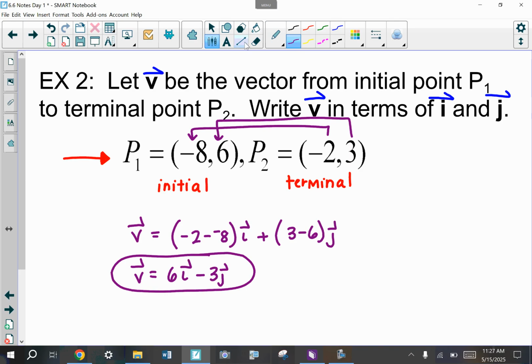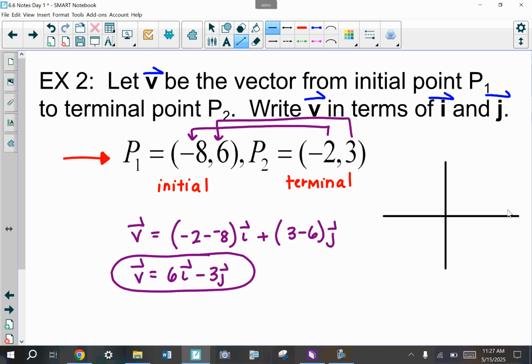So starting at the origin. Okay. To verify this, I am going to draw a picture of what it's talking about. If you want to draw a picture, great. Otherwise, you can just watch what's going on. I'm just going to sketch it really. If P1 is -8, 6, let's say that this is P1. And P2 is -2, 3, so somewhere here. If this is P2, would you agree that my vector is going right and down?